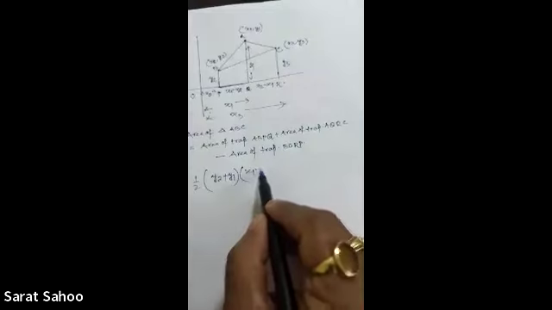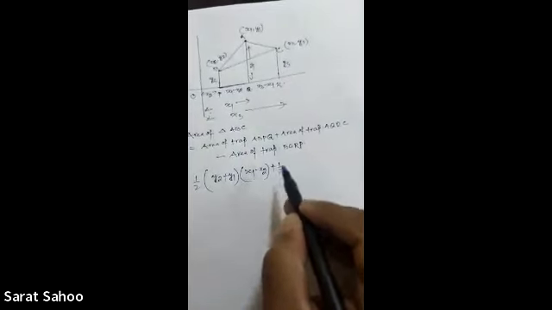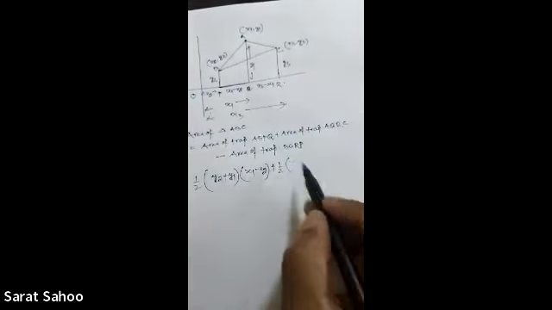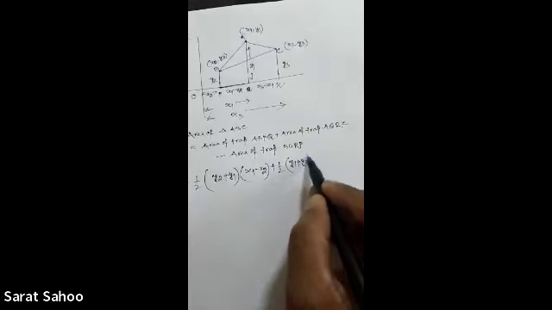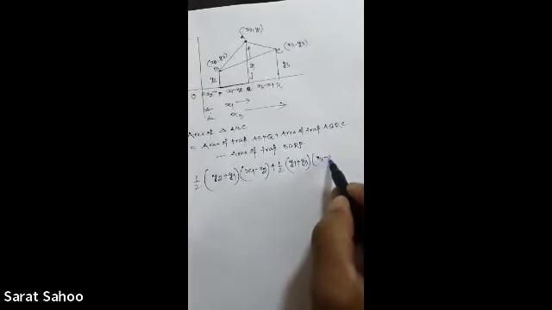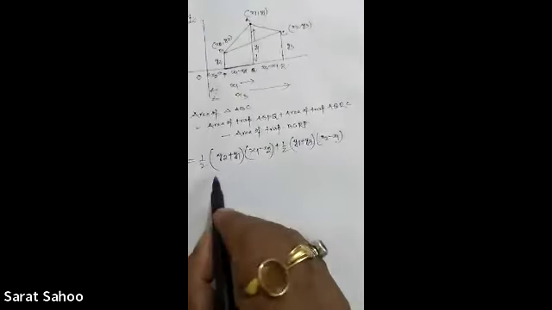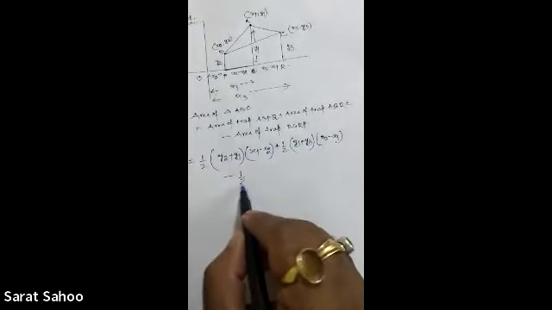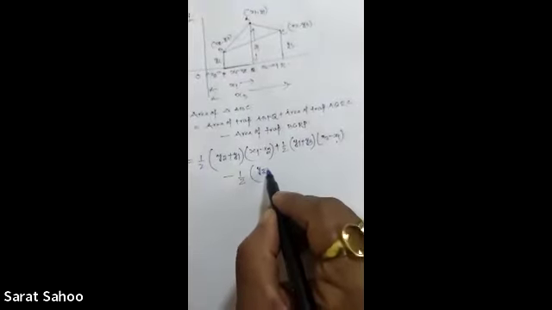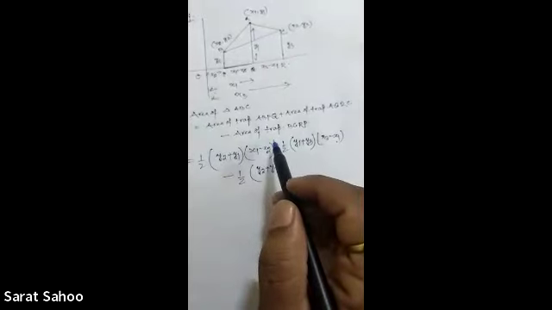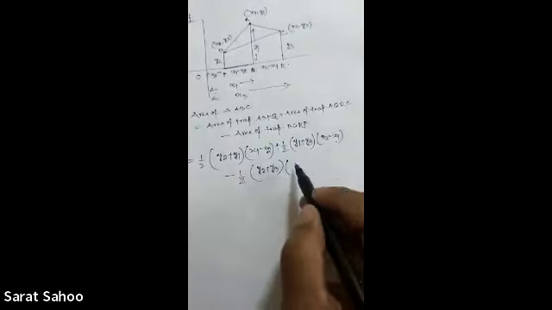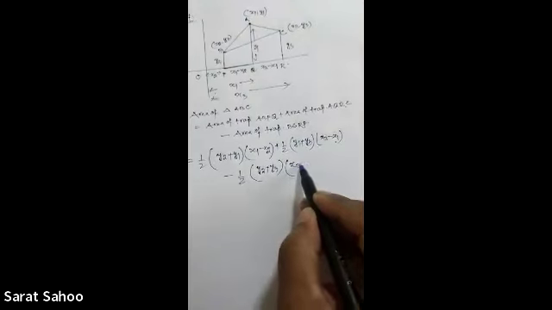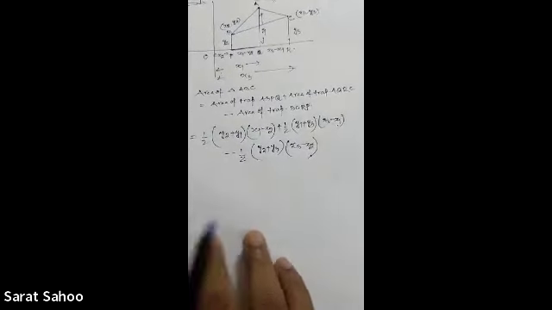Height is the distance between the parallel sides, that's x1 minus x2, plus half of area of trapezium AQRC, y1 plus y3 into x3 minus x1, plus, sorry, this is minus area of the trapezium BCRP, y2 plus y3 into x3 minus x2. Okay.